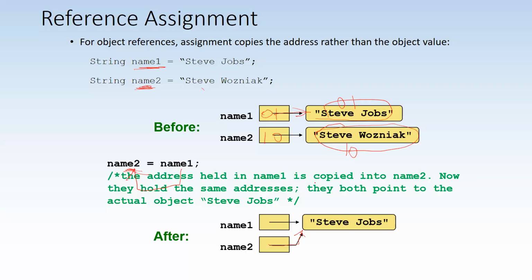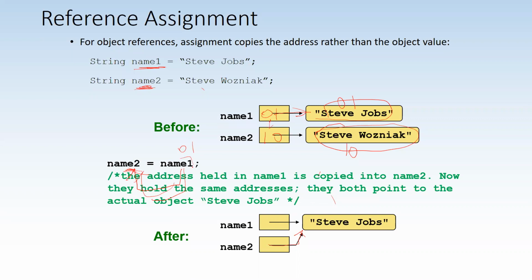So when you do this, you're not assigning this string to name2. You are assigning this address to name2, right? Because name1 has address 0, 1, so now name2 will have that address.